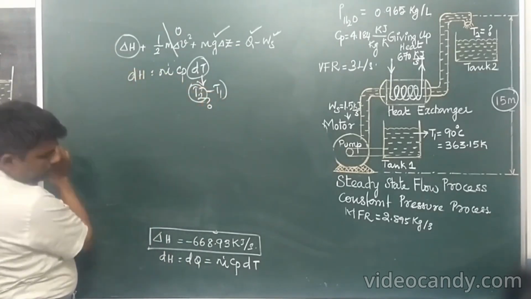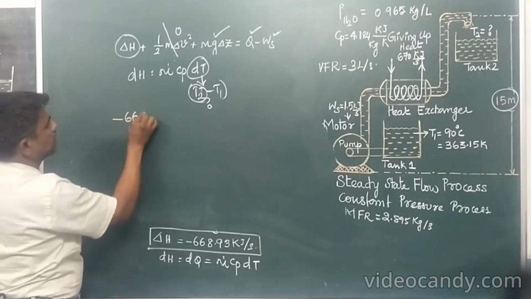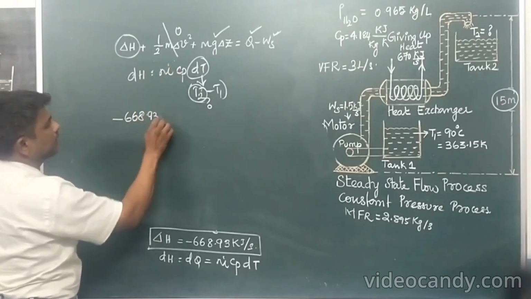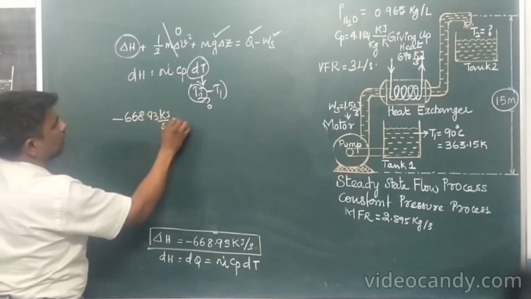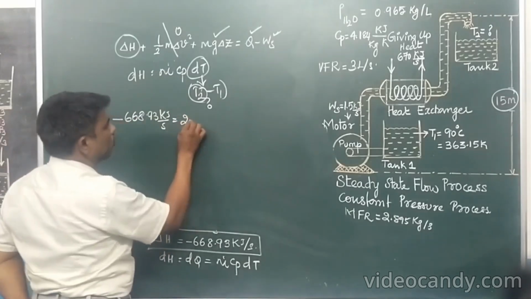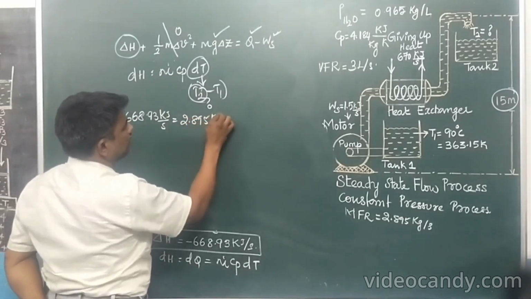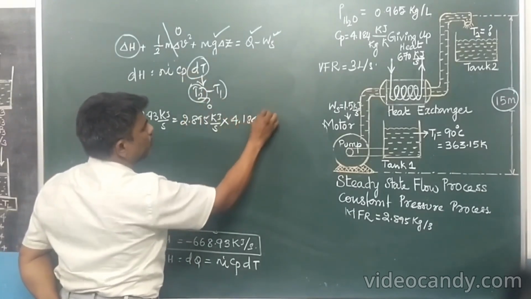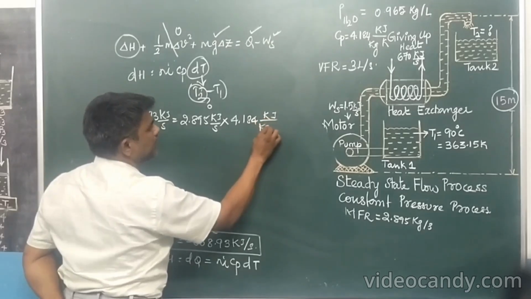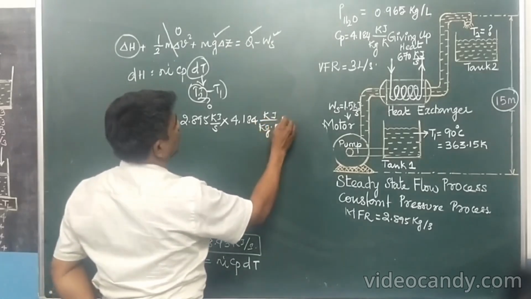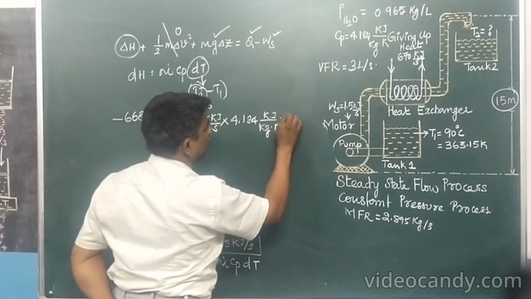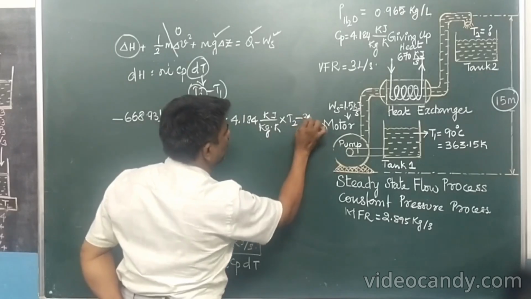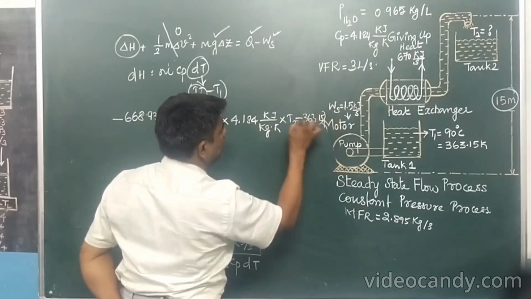The dH value is minus 668.93 kilojoules per second, equal to m dot, the mass flow rate, 2.895 kg per second, into the Cp value 4.184 kilojoules per kg degree Kelvin, into T2 minus T1. T1 is 363.15 degree Kelvin.